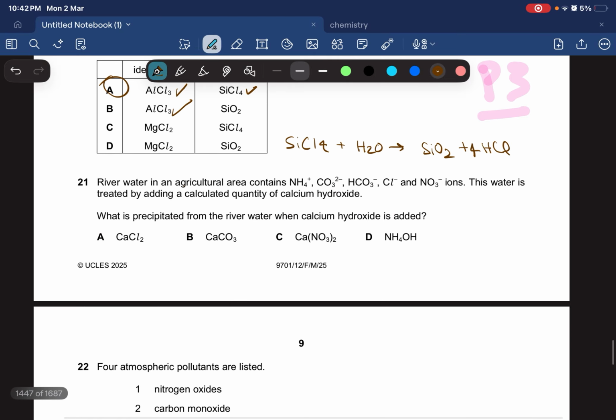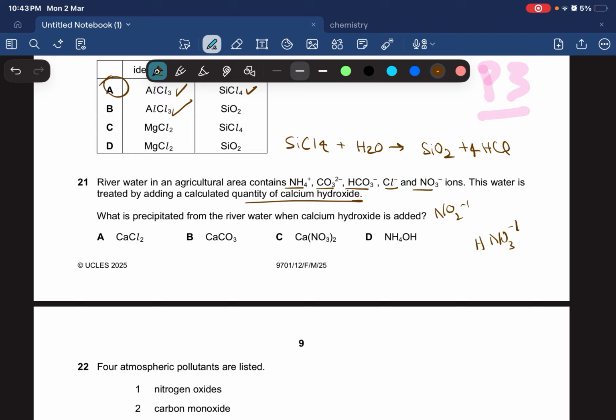River water in agricultural areas contains ammonium, carbonate, hydrogen carbonate, chloride, and NO3 negative 1. HNO3, nitrates, not nitrites. Nitrites are NO2 negative 1. This water is treated by adding a calculated quantity of calcium hydroxide.